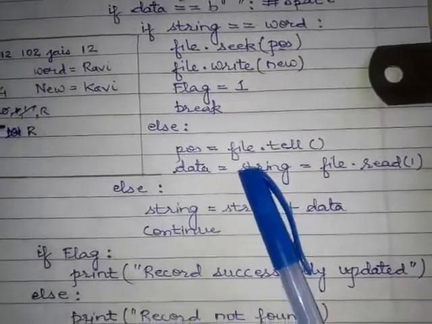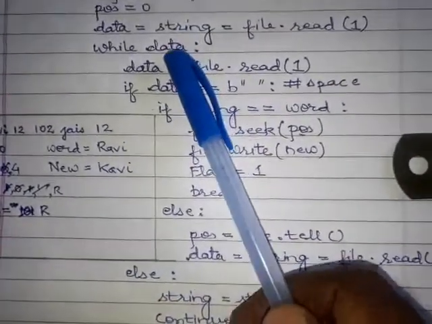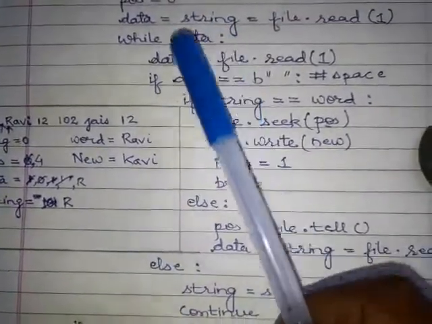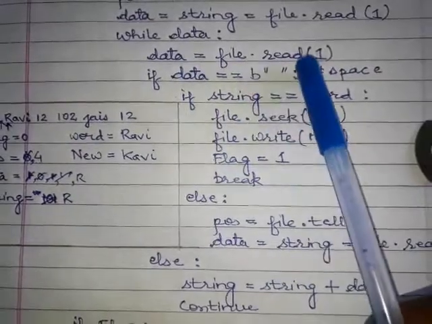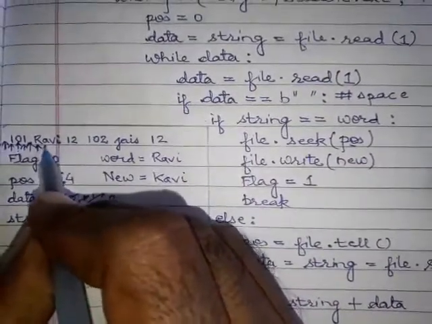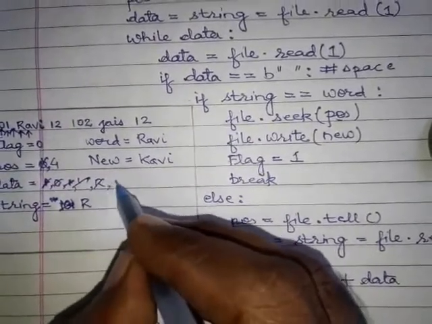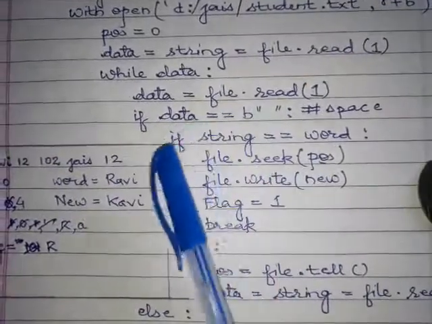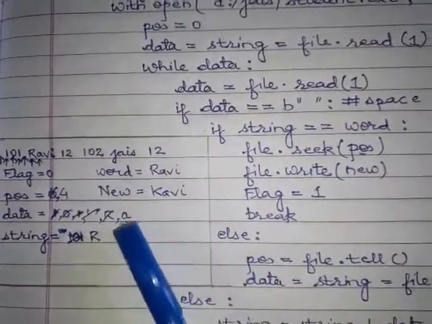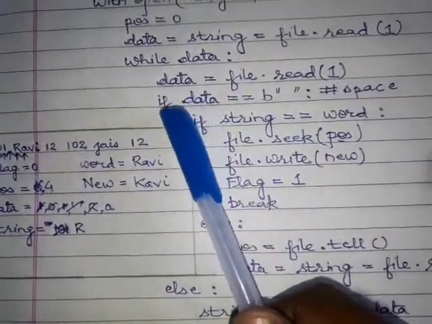After this we again go to the while loop. While data contains R, it is true. Data equals file dot read 1. We are at R, so it contains the next byte A. So data now contains A. If data equals space, no, it doesn't contain space because it contains A. So this condition is false, and we go to the else part.